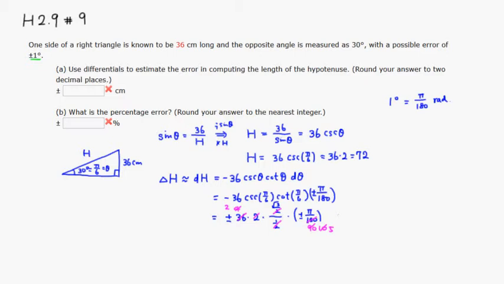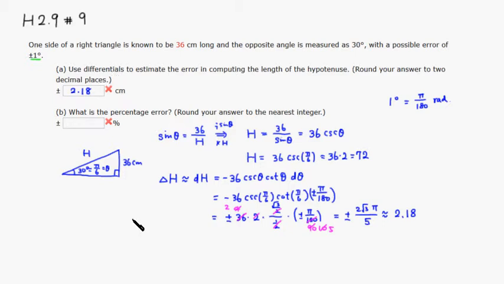So what you get is plus or minus, there's a 2 left over and the square root of 3, so 2 square root of 3 times pi over 5. Let's get this value using a calculator. It came out to be approximately plus or minus 2.18.